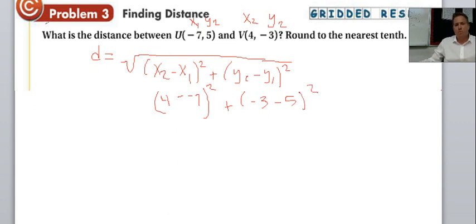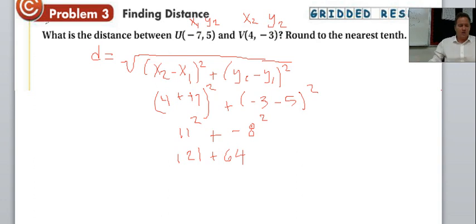So I have 4 minus -7, so this is going to be 11, 11 squared, plus -3 minus 5, which is going to give me -8 squared. So again, I don't really care whether or not you use a calculator. You can use a calculator if you don't know it, but 11 squared is 121. And then 8 squared is going to give us 64.